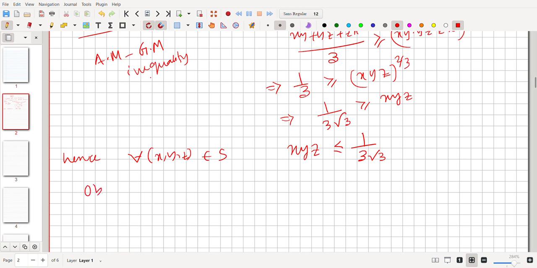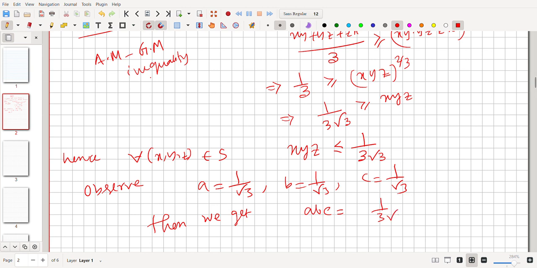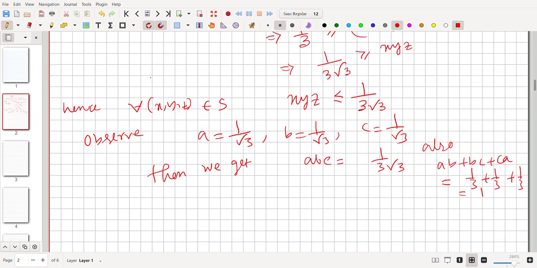Now observe, let a = 1/root 3, b = 1/root 3, c = 1/root 3. Then we get abc = 1/(3 root 3). And also ab + bc + ca is 1/3 + 1/3 + 1/3, which is 1, right?